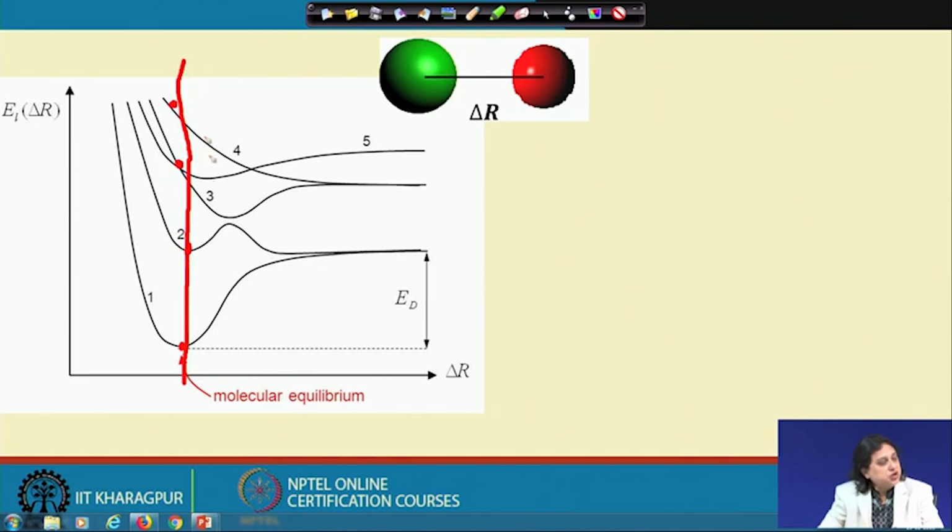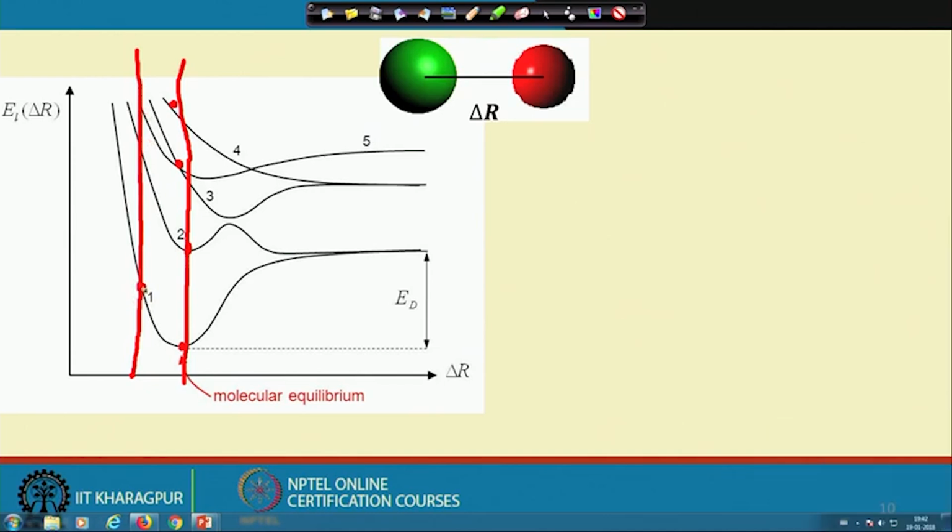Now, if I change geometry, for example, if I come here and draw a vertical line, what are the possible values that we will get by solving the Schrodinger equation by fixing the two atoms here? This would be the lowest energy eigenvalue, this would be the next highest eigenvalue, and this would be the next highest eigenvalue.